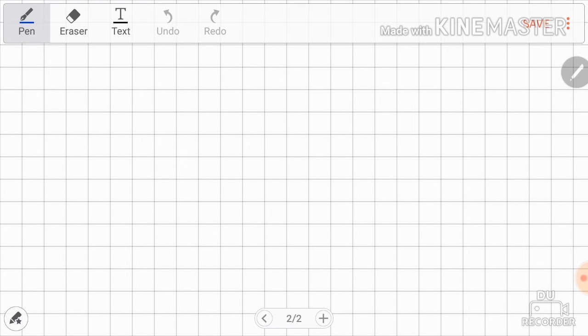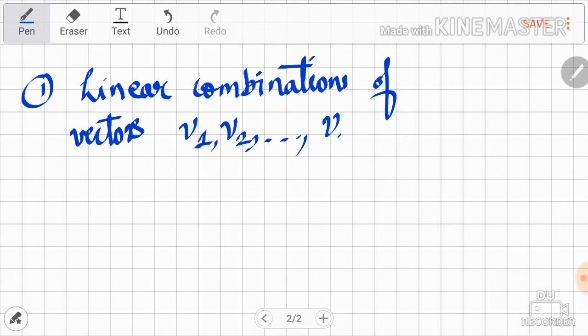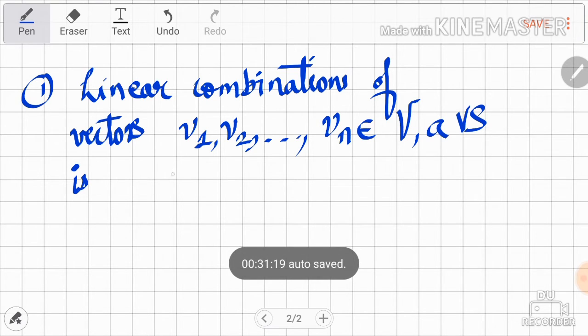Once again, what do you mean by linear combination? A linear combination of vectors v1, v2 and so on up to vn belonging to V, which is simply a vector space, is nothing but a vector given by the sum of the scalar multiples of these vectors.